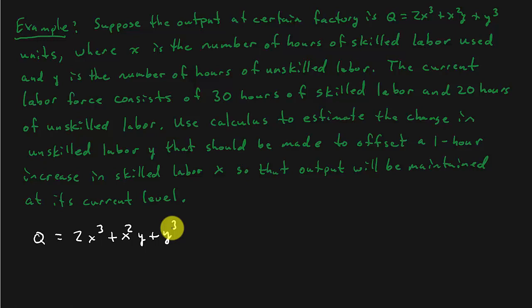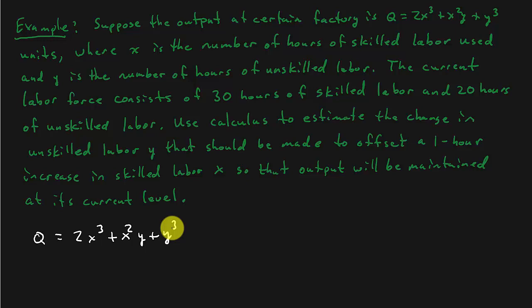The current labor force consists of 30 hours of skilled labor and 20 hours of unskilled labor. Use calculus to estimate the change in unskilled labor, y, that should be made to offset a 1 hour increase in skilled labor, x, so that output will be maintained at its current level.